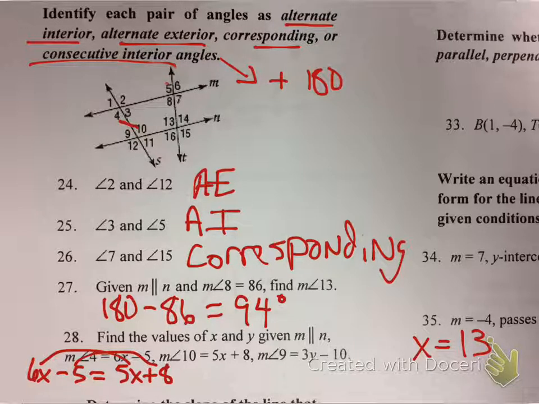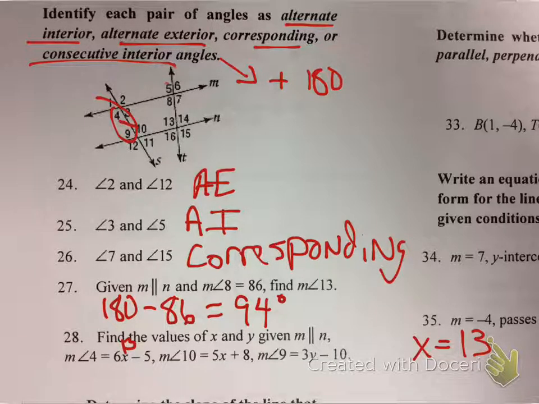Now for the measurement of angle 9, well, 4 and 9 are consecutive interior. So that means they add up to 180. That one's going to take a little bit more space, but what would happen there is that you would see a measurement of angle 9. Let me erase this for a second. So I would put the 13 here and get 78 minus 5 is 73.